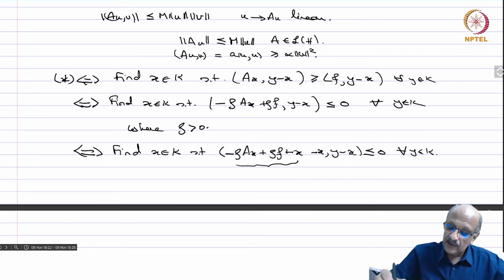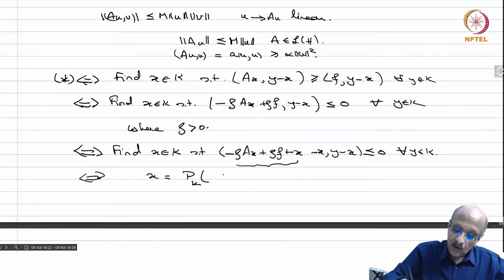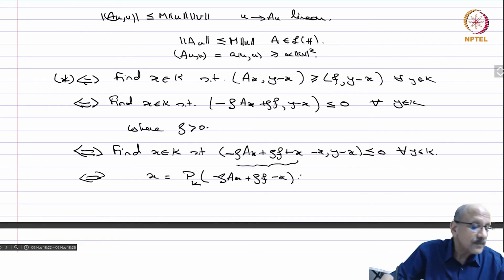Okay, (x minus Pk x, y minus Pk x) is less than or equal to 0. That was the kind of thing. So that is equivalent to saying you have x equal to Pk of (minus rho Ax plus rho f plus x).